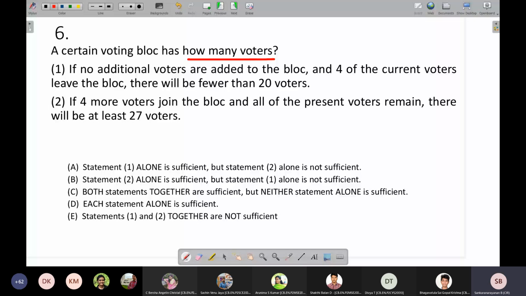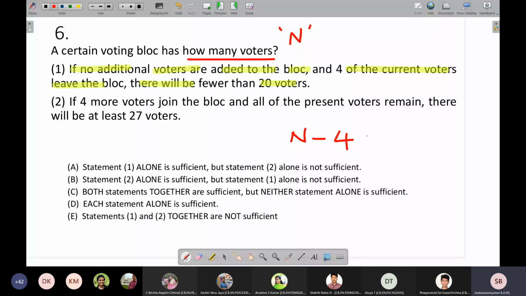Statement 1 alone says if no additional voters are added, 4 of the current voters leave the block, then there will be fewer than 20 voters. Fewer than 20 voters means less than 20 voters, which means from n, if 4 goes off, the number of voters will be less than 20.